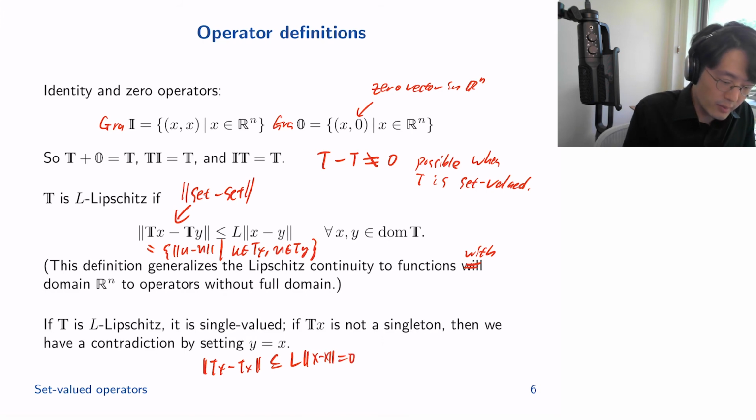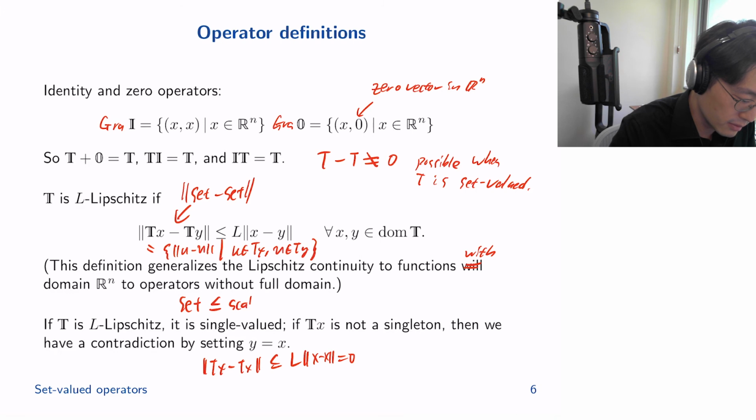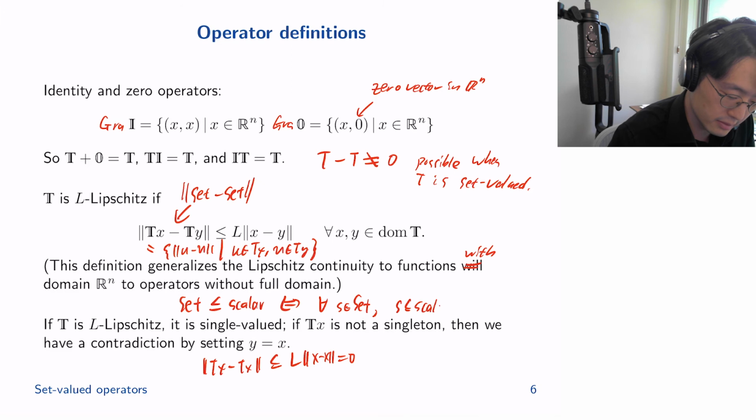By the way, the meaning of this inequality is that the right-hand side is just a single scalar, right? It's not a set. So the meaning of set less than or equal to scalar is defined as: for all s in the set, s is less than or equal to the scalar.